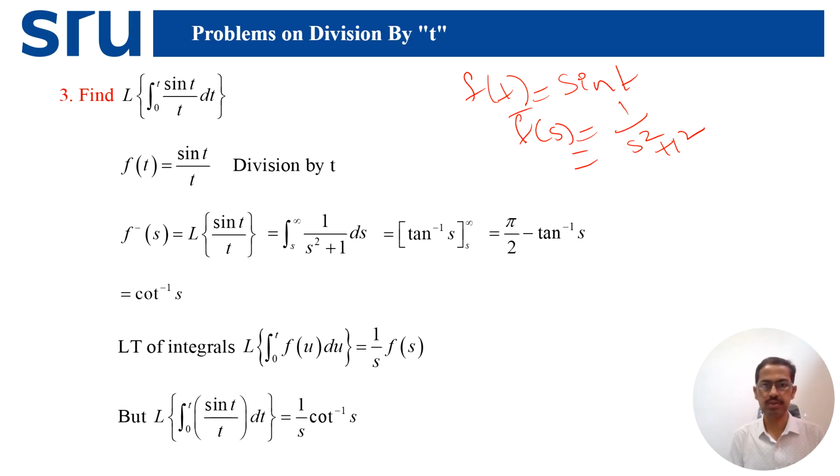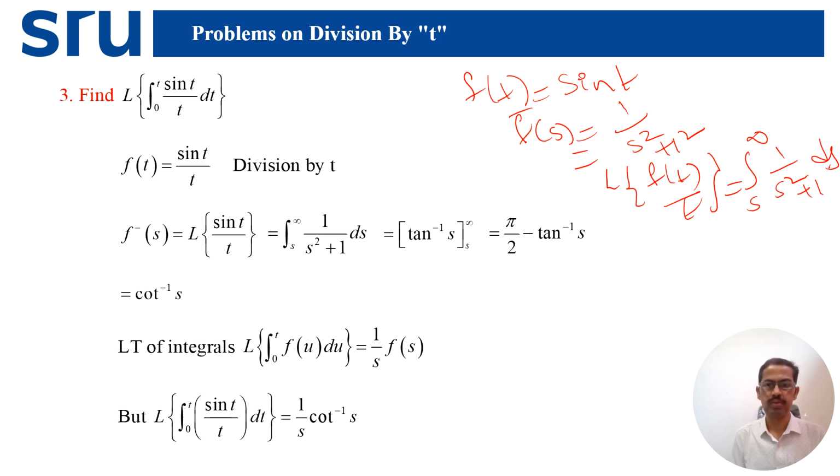The Laplace transform of f of t by t is equal to the integral from s to infinity of 1 by s square plus 1 square ds. This is the division by t. So the Laplace transform of sin t by t is equal to the integral from s to infinity of f bar of s ds.